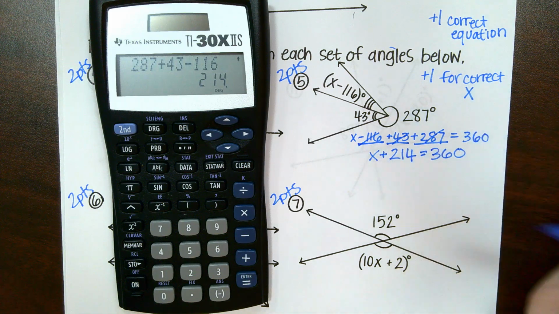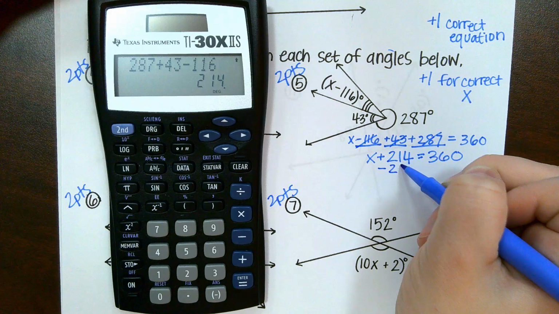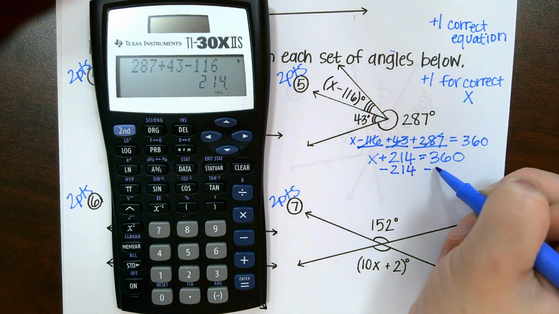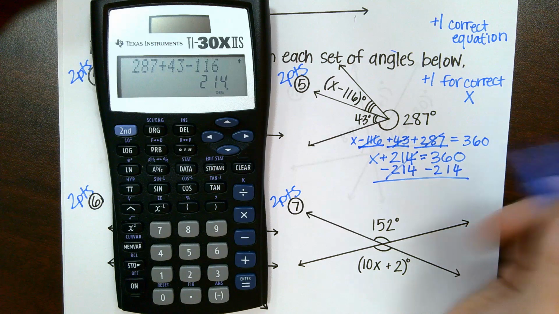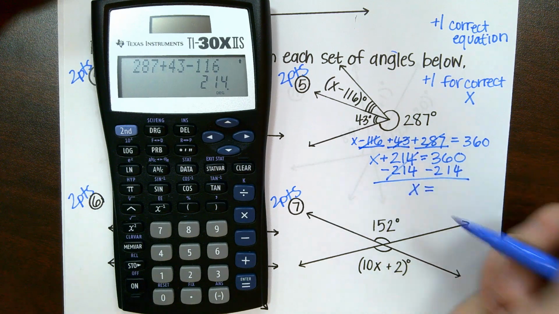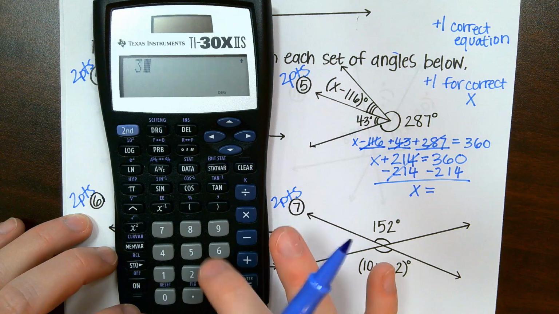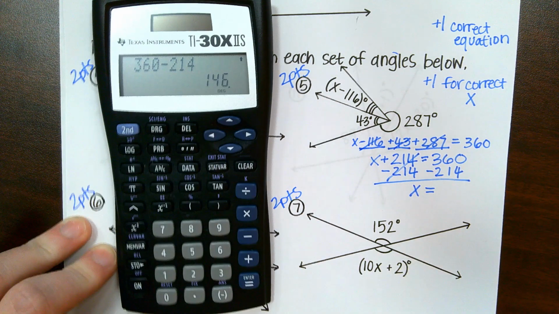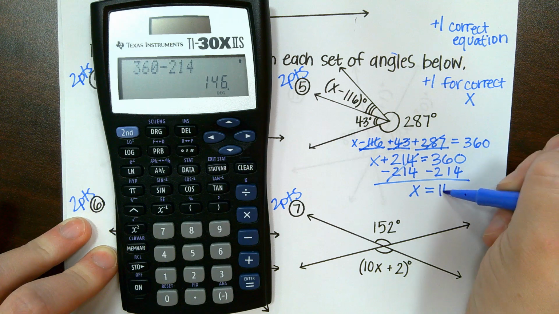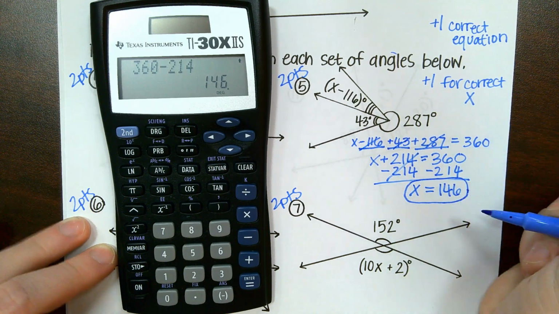So now I just need to get x by itself. So I'll use my inverse operations. Subtract 214 from both sides. And that is going to give me x equals 360 minus 214, 146. There we go.